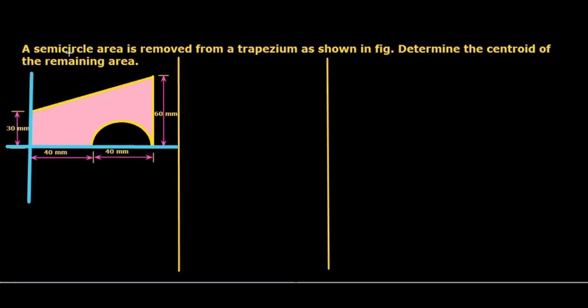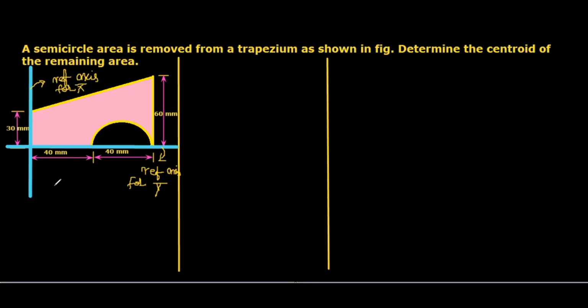So these two lines will act as the reference. The axis which passes through the bottommost line will act as the reference axis for y bar. This one will act as the reference axis for x bar.